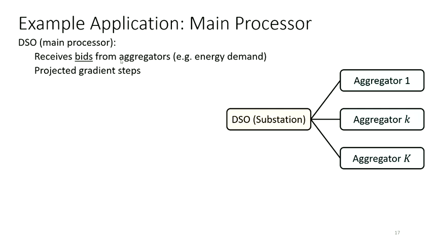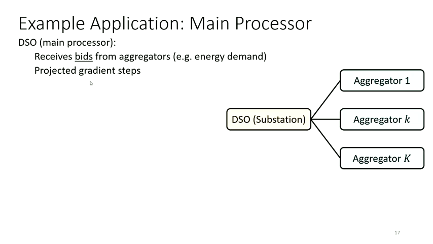The main processor receives the bids. Bids would be, okay, we want to consume this much energy. Each aggregator K will say, my group of houses wants this many kilowatt hours of energy. Each of them submits a bid.